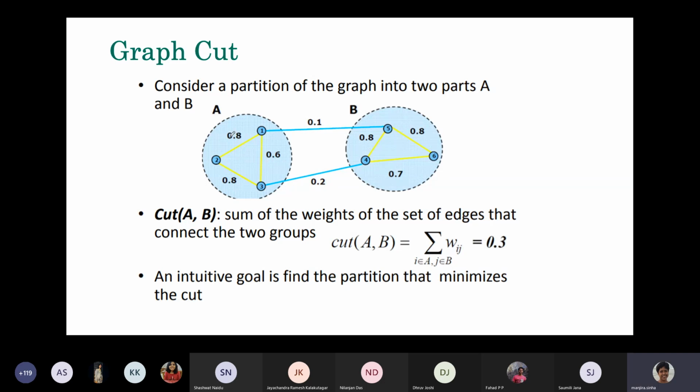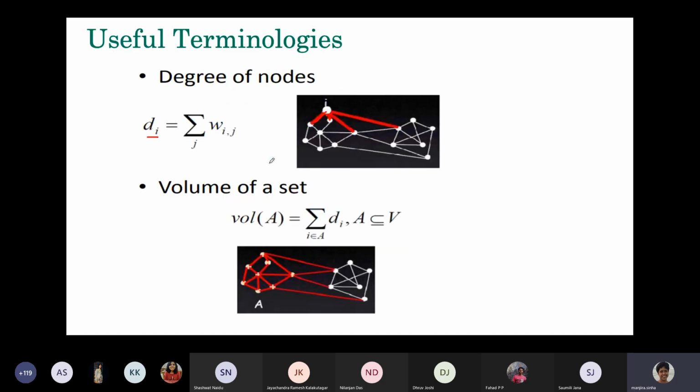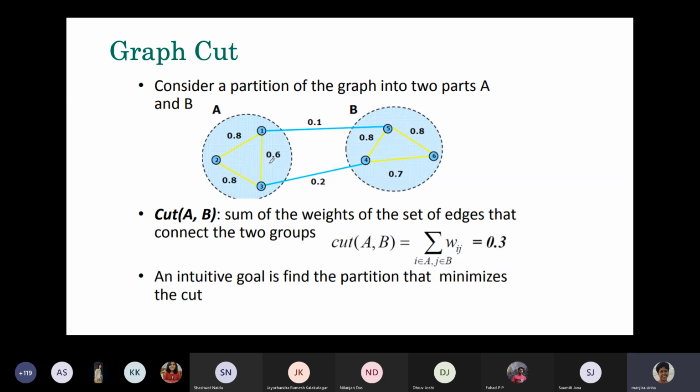That's correct. If we are taking the degrees, it will be 2 into the sum of these two, but just one time these two, because we are not considering 4 and 5 in the part A.